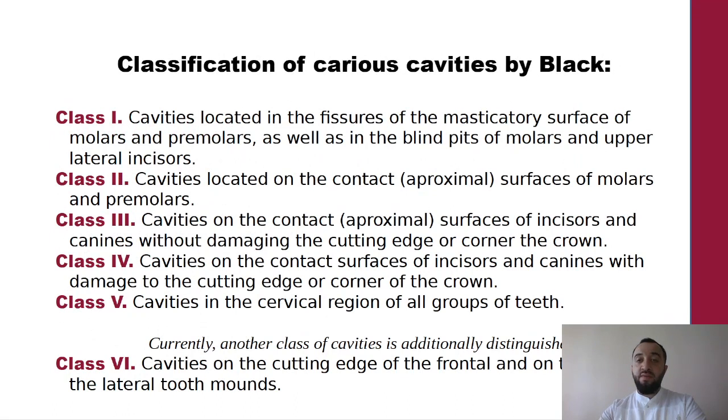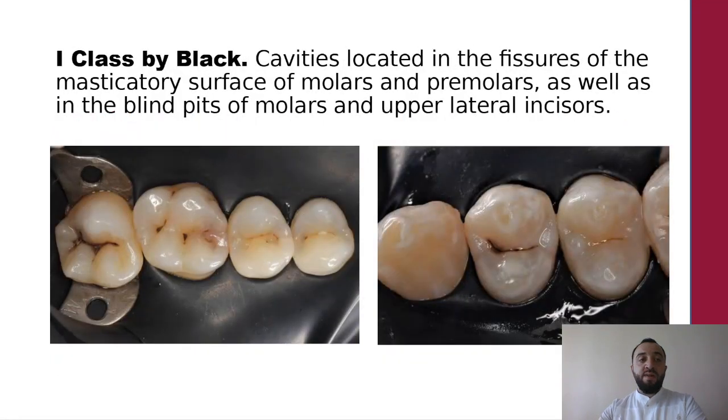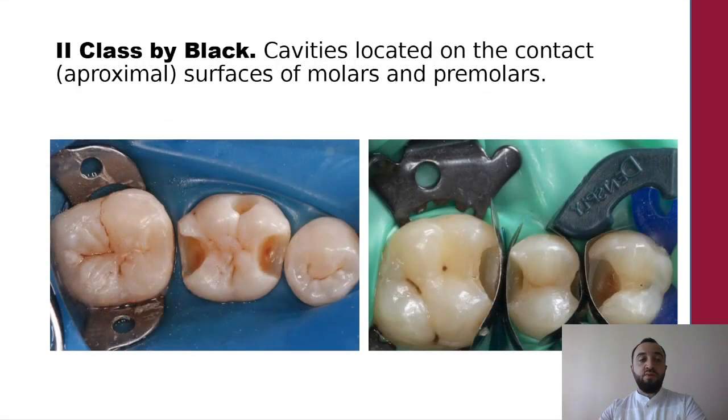Classification of carious cavities by Black. Class 1 by Black: cavities located in the fissures of the masticatory surface of molars and premolars, as well as in the blind pits of molars and upper lateral incisors. Class 2 by Black: cavities located on the contact approximal surfaces of molars and premolars.